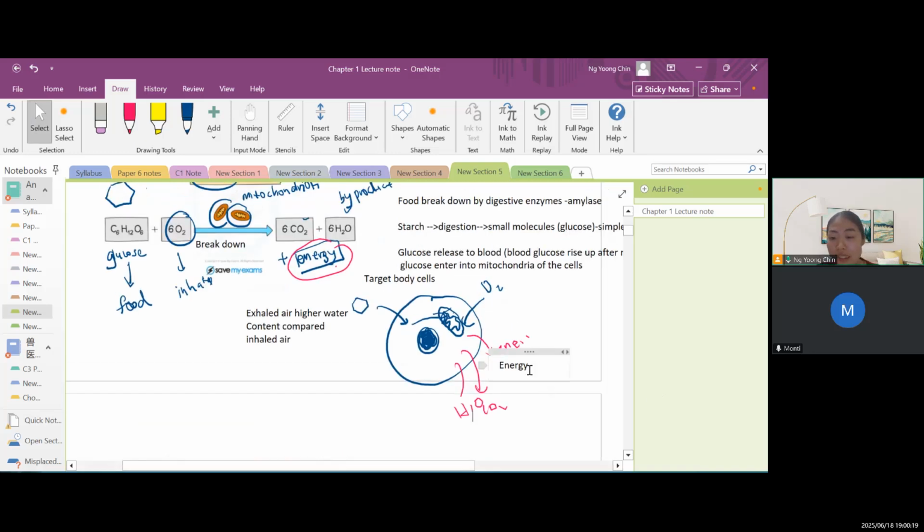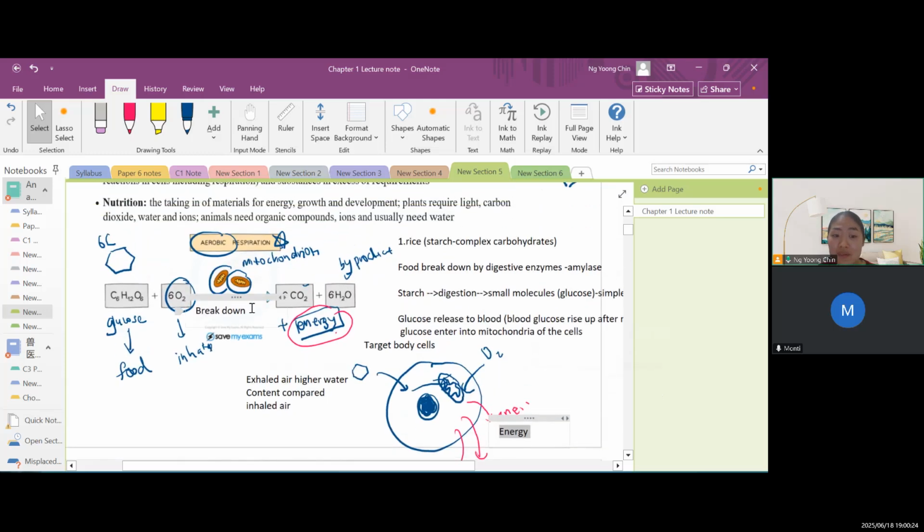So Monty, why does your body cell need to perform aerobic respiration to break down the glucose to release energy? Do you know what the purpose is? You want to have a guess? Why we need energy?